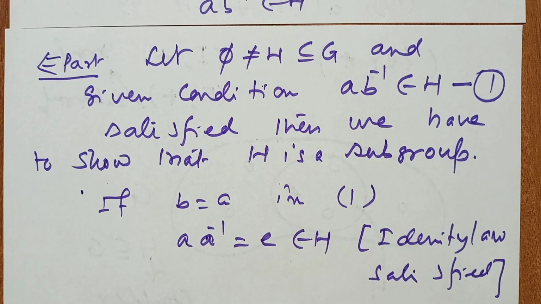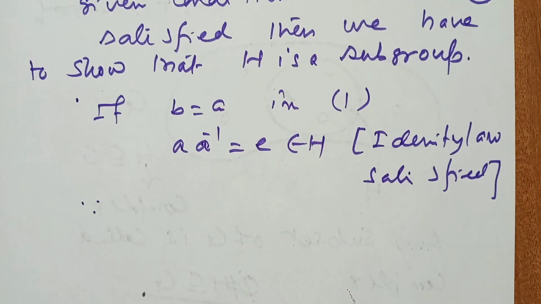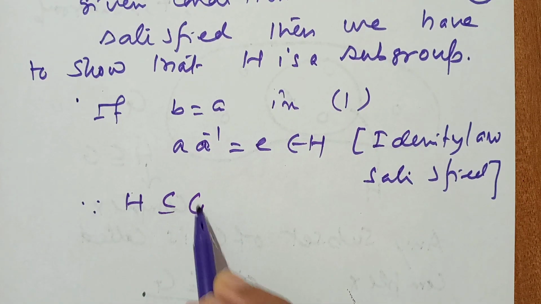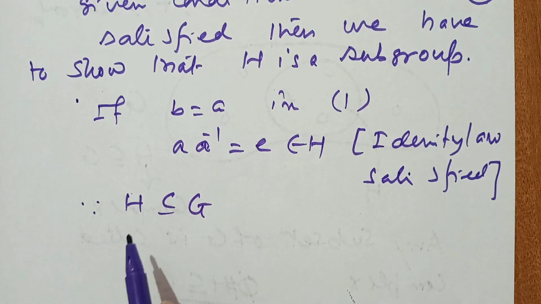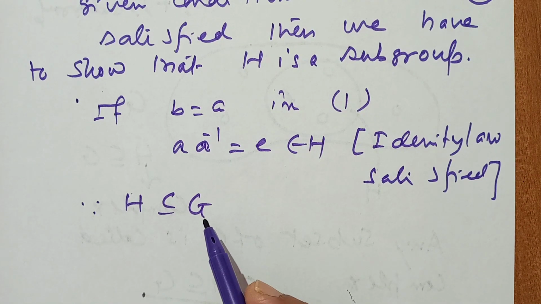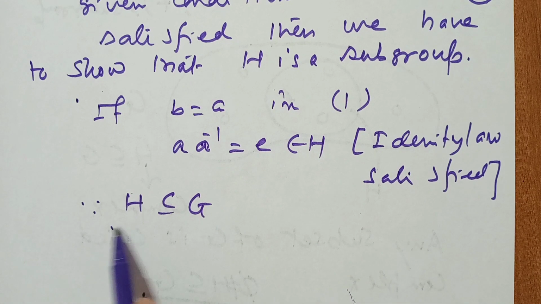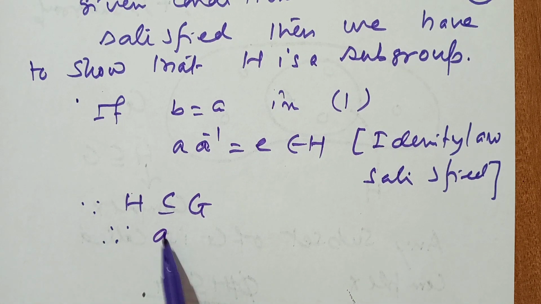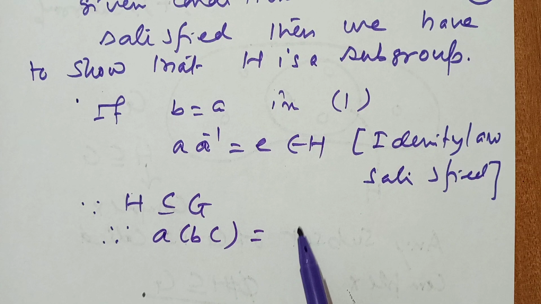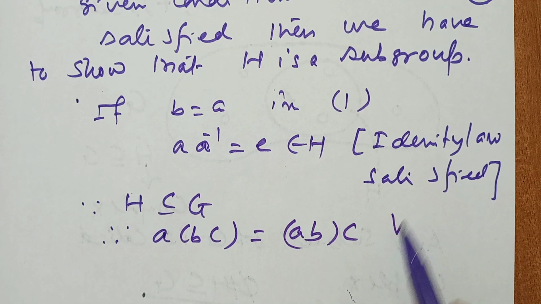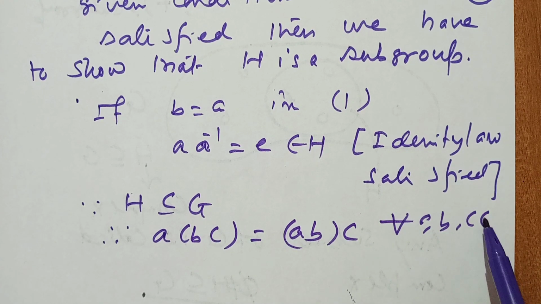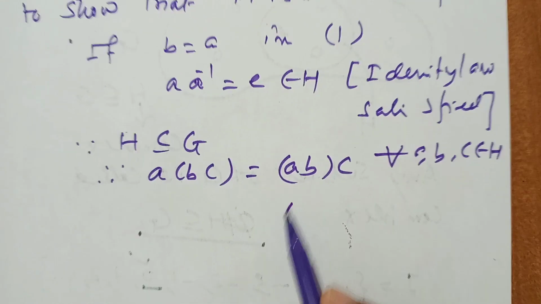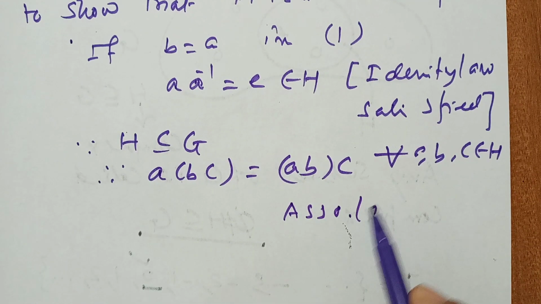So now, if the identity axiom is satisfied, the remaining 3 conditions. Since H is a subset of G, each element of H is in G and G is associative. Therefore, A(BC) equals (AB)C for every A, B, C belonging to H, meaning the associative law is satisfied.